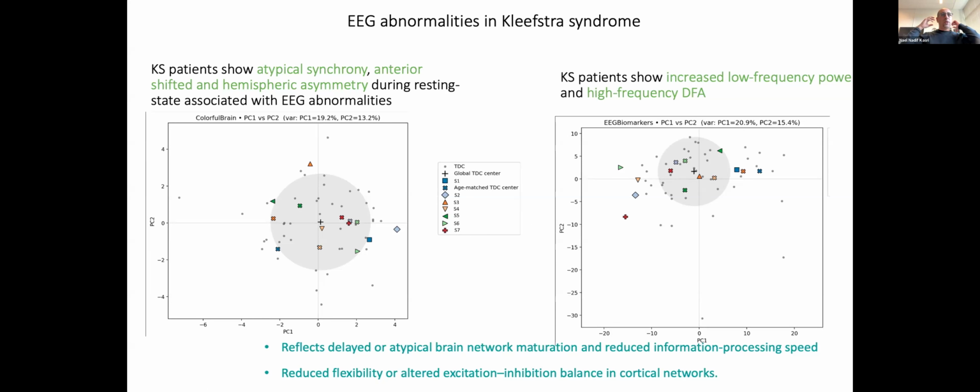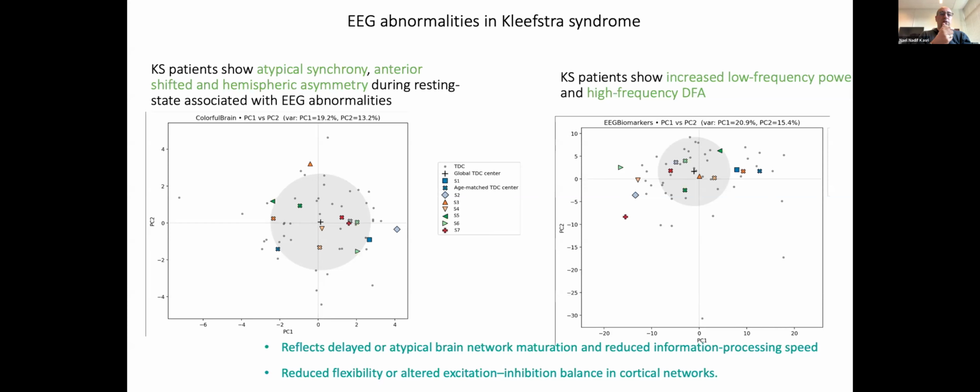So there's an anterior shifted activity and also asymmetry between the two hemispheres. That means that some of the activity is more anterior-wise, and there is less symmetry between the left and the right part of the brain.